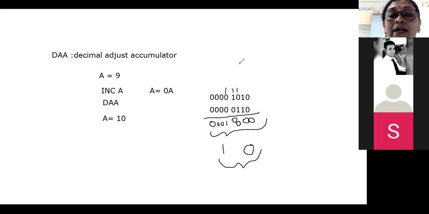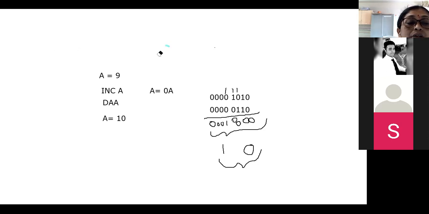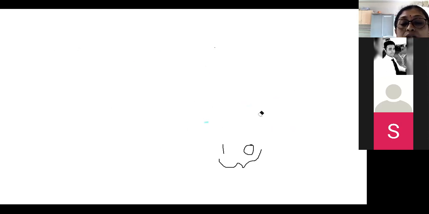And the DAA instruction will do the same thing. Okay. So are you clear about this, students? Are you clear? Yes, respond quickly so that we can move further. Or if you have any doubt, then you can ask me.